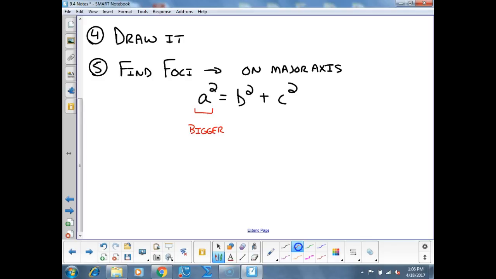What do we call the numbers underneath in a fraction? Denominator. So it's the bigger denominator. B squared is the smaller denominator.